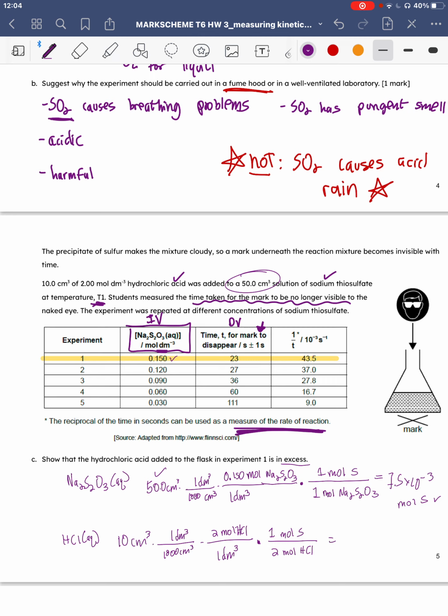So if all of my HCl can react, the amount of sulfur I'll produce, let me do this math. We have 10 times 2 is 20, divided by 1,000 times 2 is 2,000. Probably did not really need my calculator. 0.01 moles S. And so I've clearly shown that HCl is in excess because I've shown Na2S2O3 is limiting.